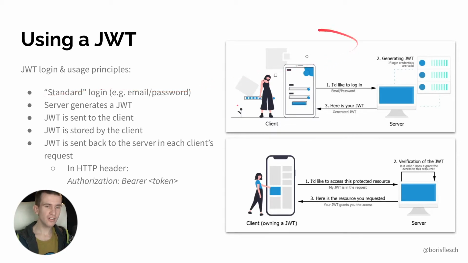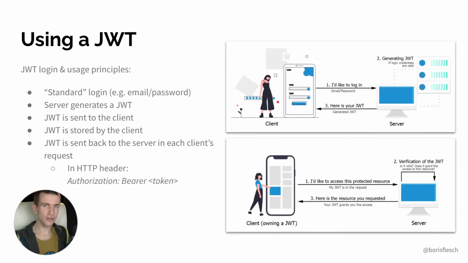So this illustration is quite similar to the one we've seen previously with the stateful example, but this time it's with a stateless session using JWT tokens. The client will still log in with their email and password to the server. The server will this time generate a JWT token only if the credentials from the client are valid, of course, and then the server can send back the JWT token to the client.